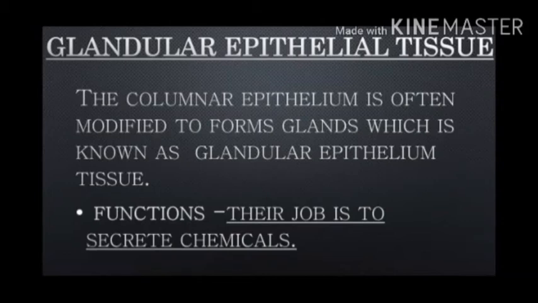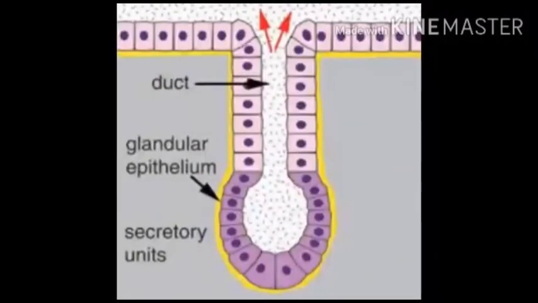In an easy way, glandular epithelial tissue is the kind of tissue in which the gland is there, and its job is to secrete chemicals or hormones. In this picture we see a duct and secretory units which secrete chemicals or hormones.